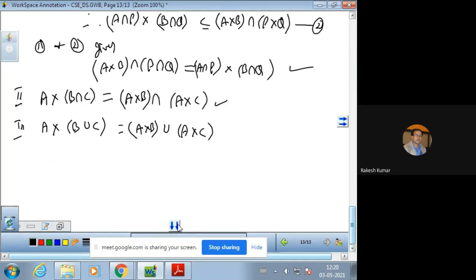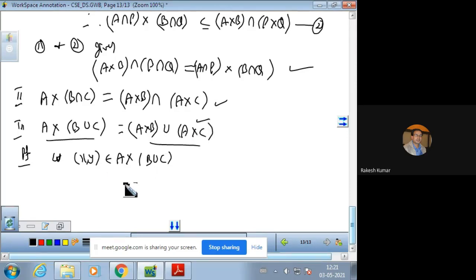So let us prove this third one. For proving this, both sets will be equal if this is a subset of this and this set is a subset of this set. So I will prove: let the ordered pair xy belong to A cross B union C. So we take this ordered pair in the left hand set and prove the subset by proving it in the right hand side.